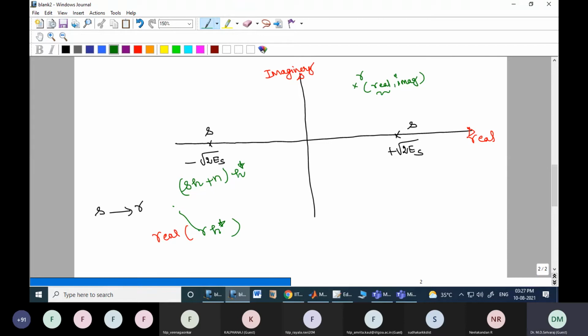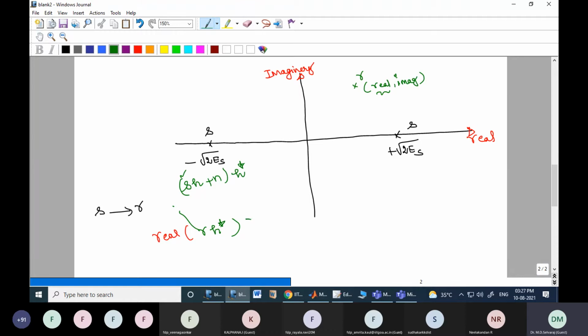Therefore, we can write the expectation of N and the expectation of H independently. The mean of this is 0 and the mean of this is also 0. Therefore, this part vanishes, so only the H S value remains. So I just take the real of R into H star.